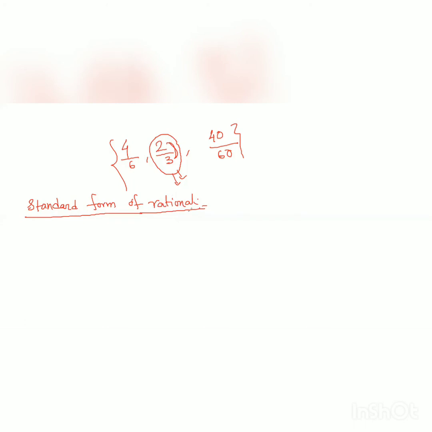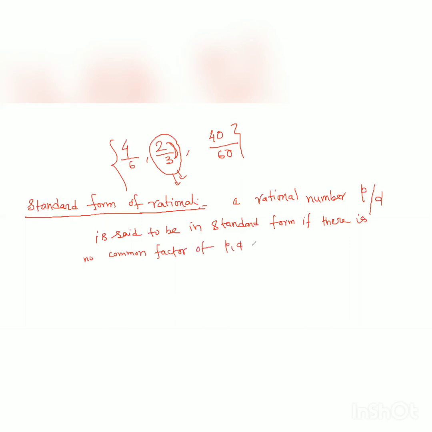So let us define it. A rational number p by q is said to be in standard form if there is no common factor of p and q other than 1.